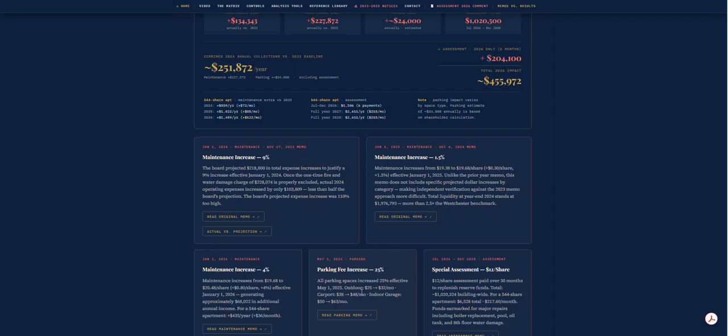If you add those all up, that's slightly more than $250,000, which is a significant amount of money. That brings me back to there being no need for a $1 million assessment, because we should be able to replenish any reserve funds with the significant increase in the maintenance and parking fees that the co-op will now be taking in.